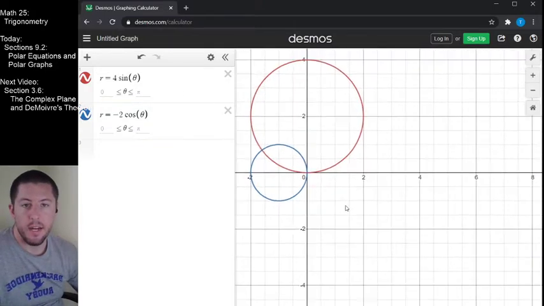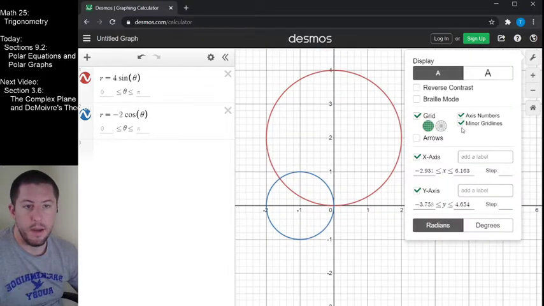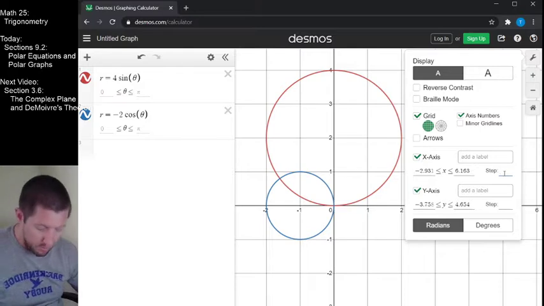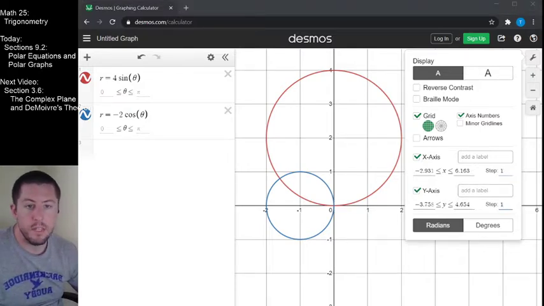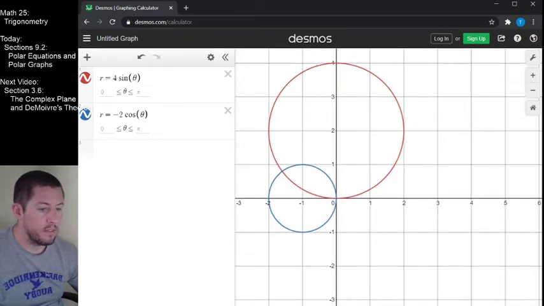So maybe I can go ahead and grab a little, come on, give me that count. Oh, I see what I need to do. Let me get my minor grid lines out of here and make sure that the step size is 1 for each of those things. Okay, and let me go ahead and snag a little snip of this guy here.